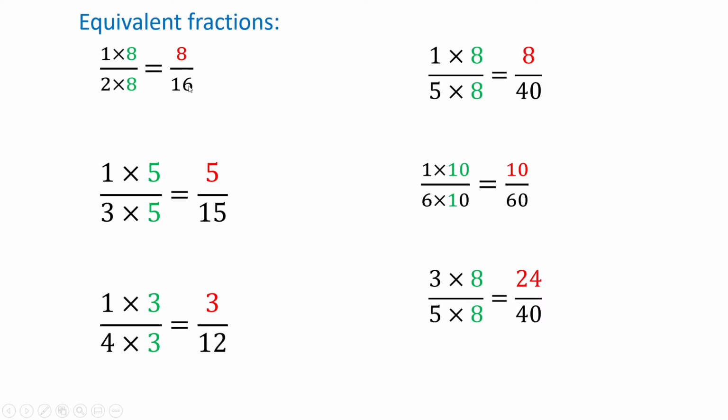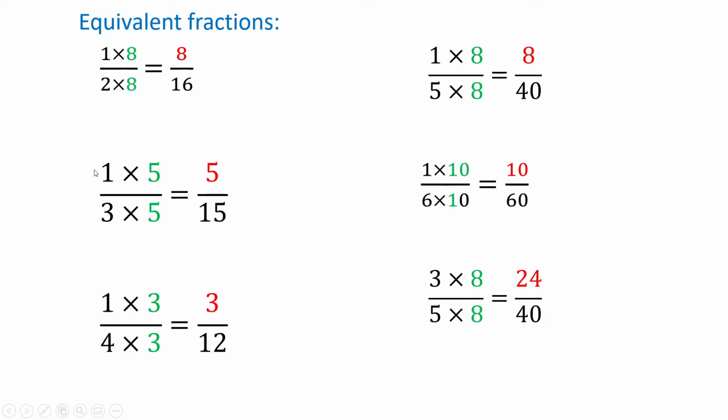Let's take another example. 1 times 5 equals 5, 3 times 5 is 15. So what we do at the top, the numerator, is that we times the simplified fraction by a number and make it bigger.